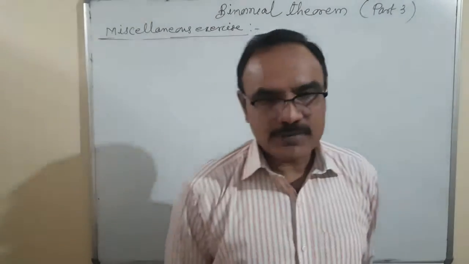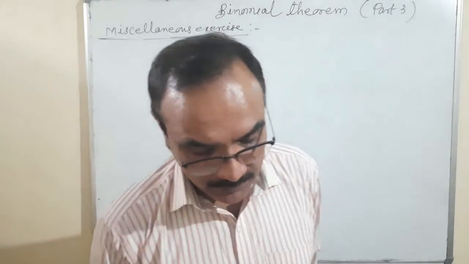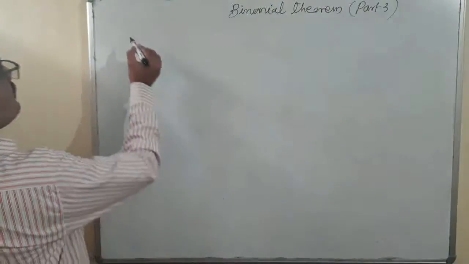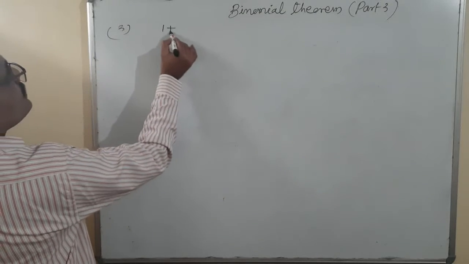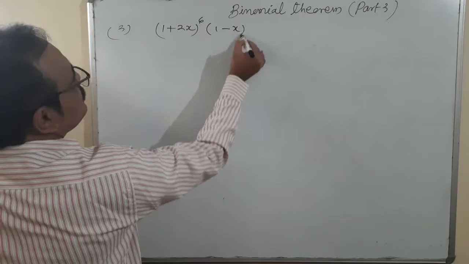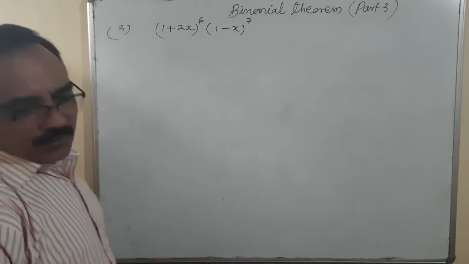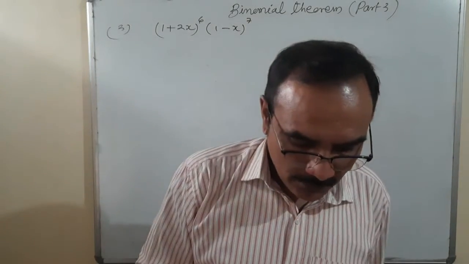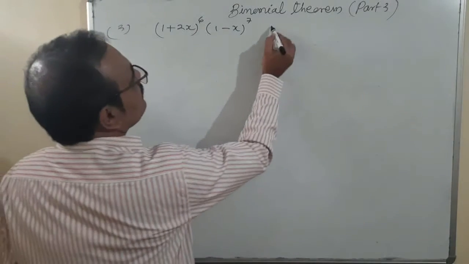So we'll find the coefficient of x square, x cube, and then you can put equal. Question number 3, find the coefficient of x to the power 5 in the expansion of the product (1 plus 2x) to the power 6 and (1 minus x) to the power 7. And we are going to find the coefficient of x to the power 5.